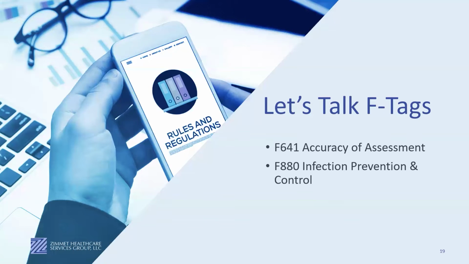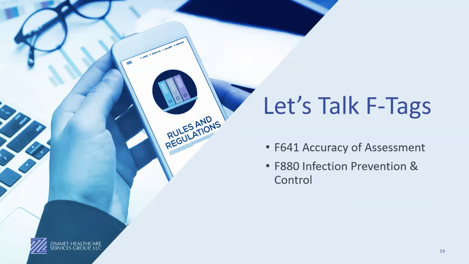I'm not going to belabor that one because we're not talking about infection prevention and control, but one F tag usually leads to another. So if there's an issue with coding the infection on the MDS, that may lead your surveyor to go looking at the infection and whether we documented it. Do we have our tracking lists? Do we have everything that we need to have?